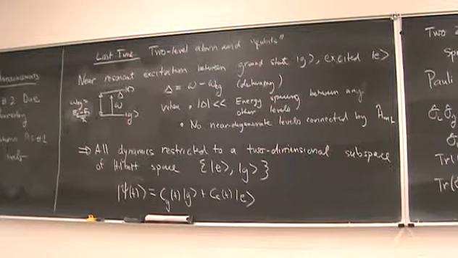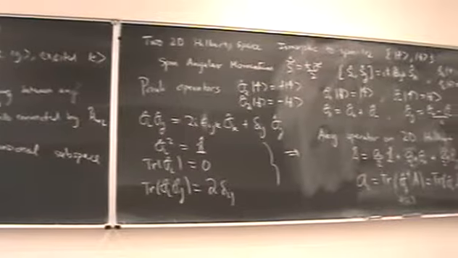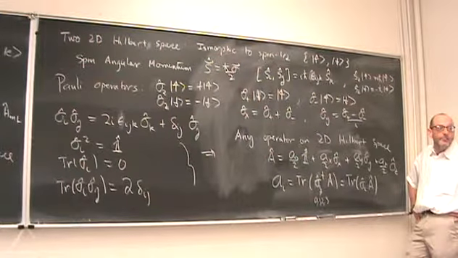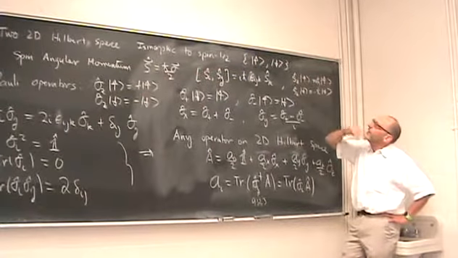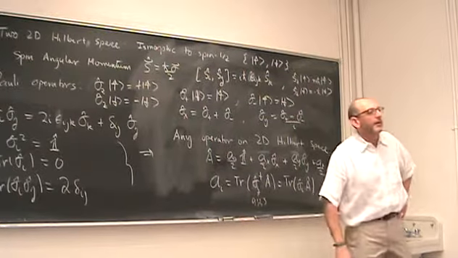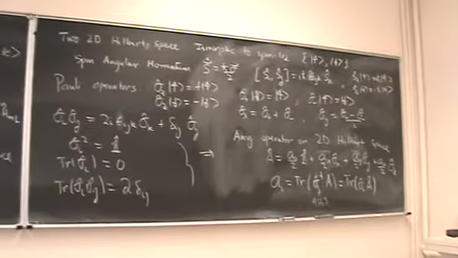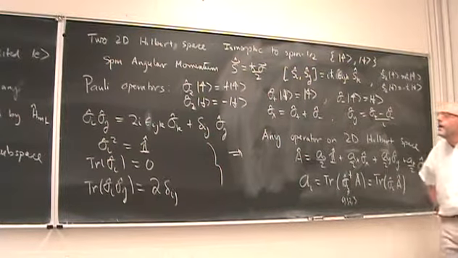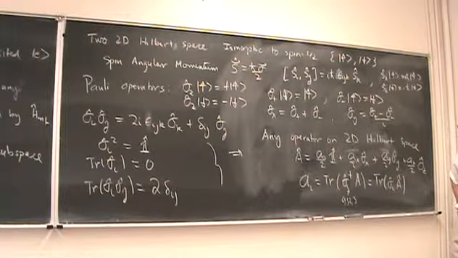And every 2D Hilbert space is isomorphic to the description of a spin 1/2 particle. Okay? So we have our spin 1/2 particle, which has some canonical basis, some standard basis, typically spin up and spin down along the z-axis, the chosen quantization axis. And in describing that, we rely on certain notions related to the angular momentum algebra.